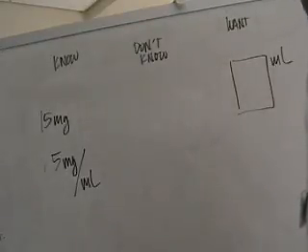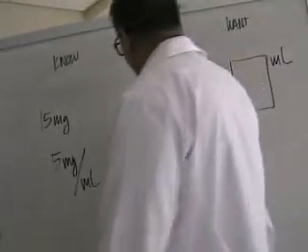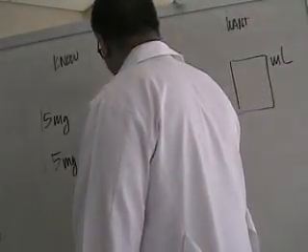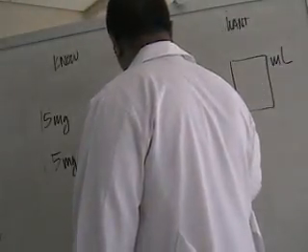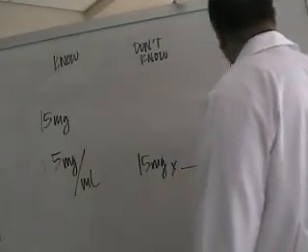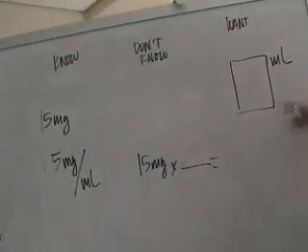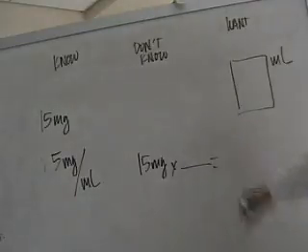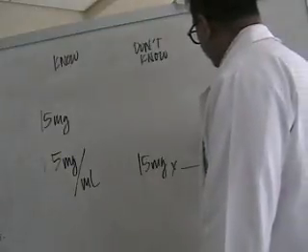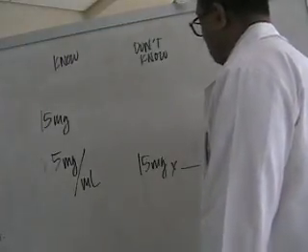So how do I do this? I start off with 15 milligrams. I set up my conversion. What do I want? I want mL. So what goes on the top of this conversion? mL. Milligram.